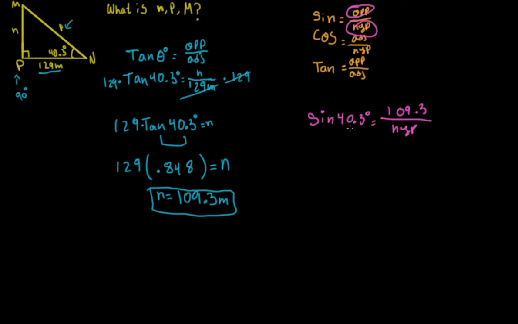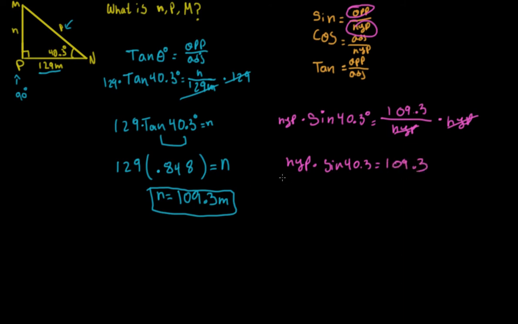All right, so we're gonna solve for hypotenuse. We're gonna multiply hypotenuse to both sides of the equation to get out of the fraction. So this guy is cancelled. So we're gonna have hypotenuse times sine 40.3 equals 109.3.